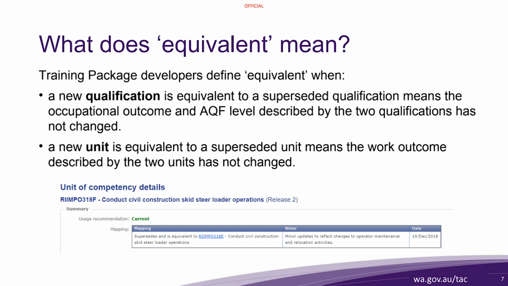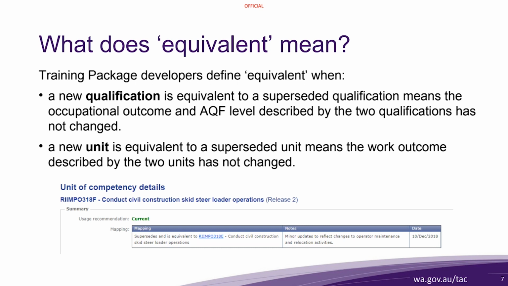If you look into the mapping, it says that this new unit, the F version, is equivalent to the E version, Conduct civil construction skid steer loader operations. And it then goes on to say there are minor updates to reflect changes in operator maintenance and relocation activities.